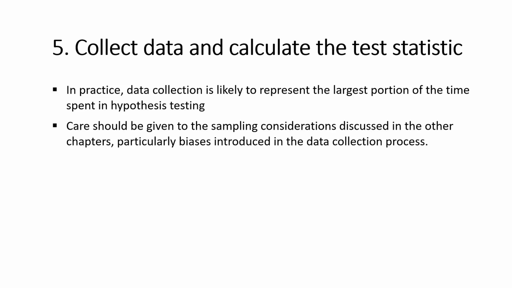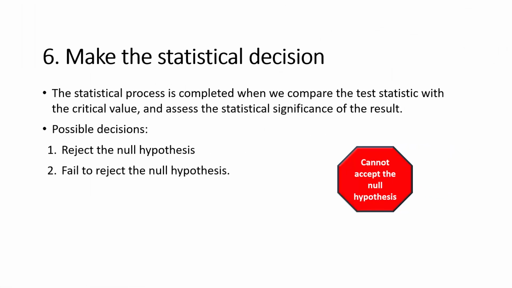The next step is just to collect the data and calculate the test statistic. You do have to keep in mind all the sampling that we learned before, and you want to make sure that you have a good sample. So you want an unbiased sample. And then you make a decision. And the only two things you can do, you can either reject the null or fail to reject the null.